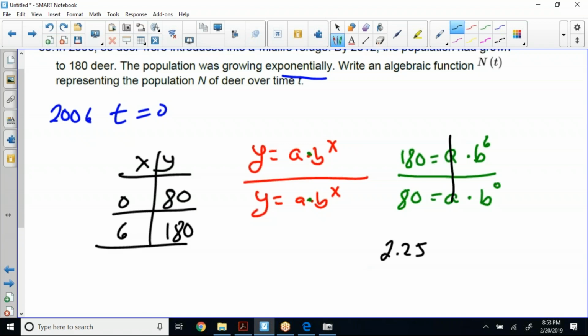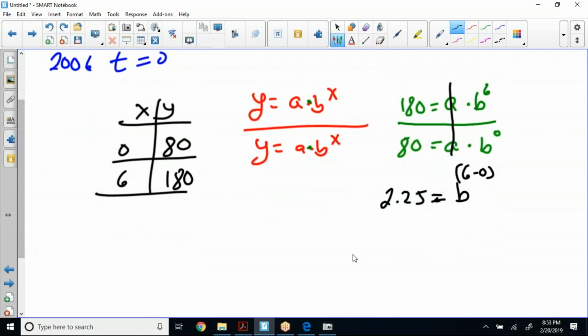Now a over a crosses out, right? That leaves me with b, equal to 6 minus 0, which is going to give me 2.25 equal to b to the 6, right? So anything raised to the 6 power, I got to take the 6th root.